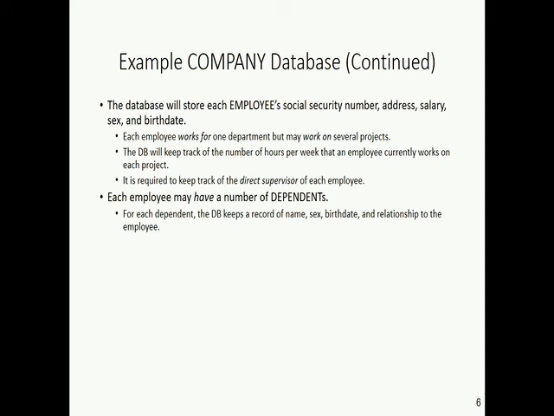It's required to keep track of the direct supervisor of each employee, which is different than the manager of the department. Each employee may have a number of dependents. For each dependent, the database keeps a record of name, sex, birth date, and relationship to the employee.